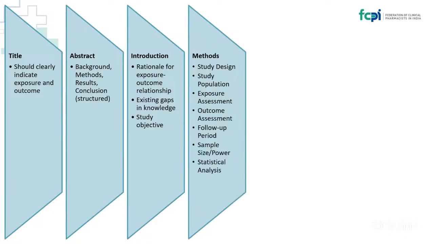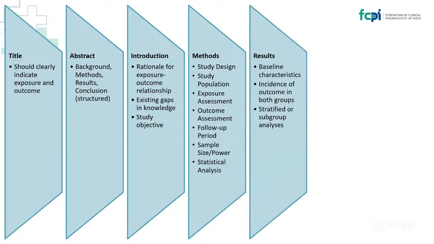In the method section, you should mention the whole details of the study design, study population, what was the exposure and outcome assessment, how was it conducted, what was the follow-up period, what was your sample size. That all should be mentioned in your method section. In results, it should have the baseline characteristics of your patients and incidence of outcome in both groups.